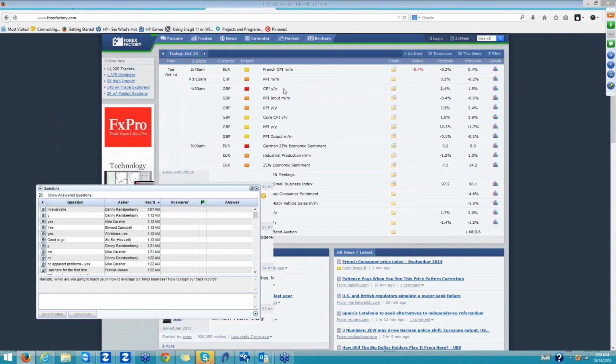If the yen isn't running it, then we're going to look at pound dollar certainly, and some pound denominated pairs, or pound numerated trades as well. When that comes out, that's going to give some form of movement to the market, and that's when we're going to probably start seeing opportunities develop.